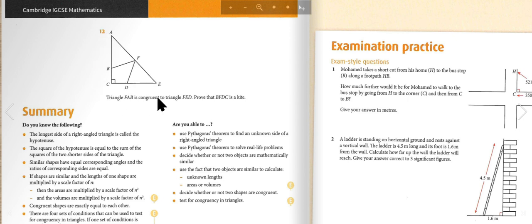And the next part is that it follows that AC equals AE, minus AB equals ED, so BC equals CD, right? So BF equals DF, which means therefore BFDC is a kite. Two pairs of adjacent equal sides.